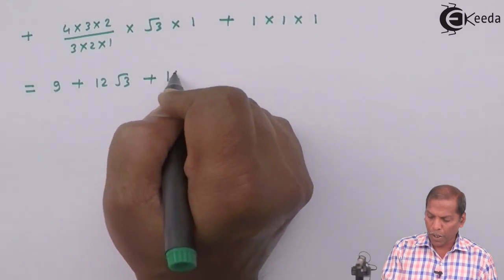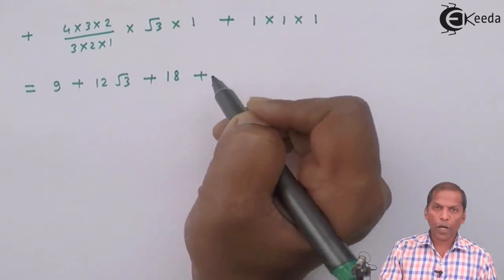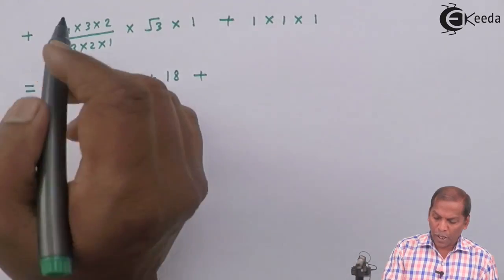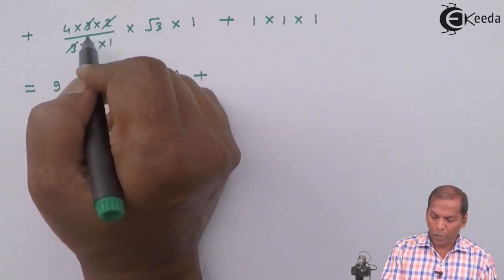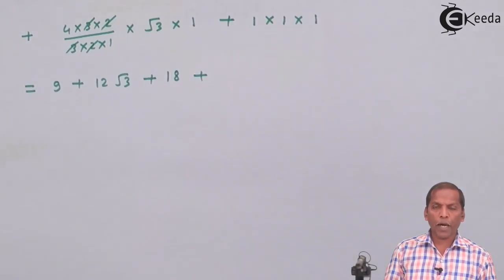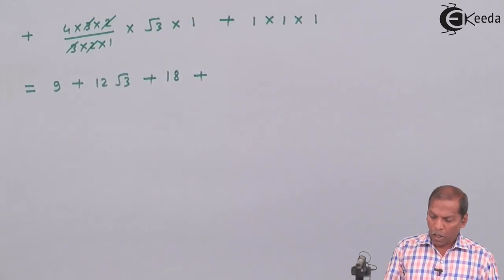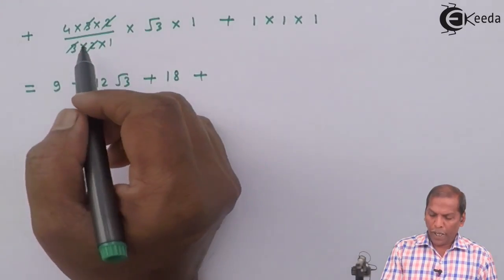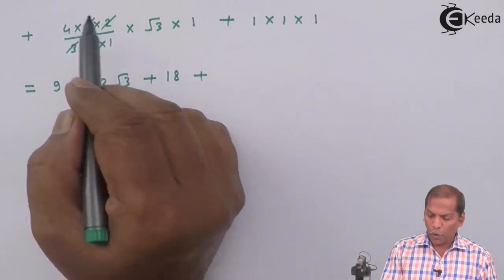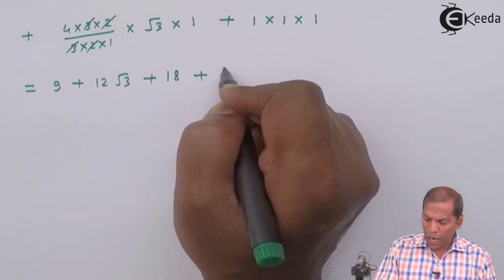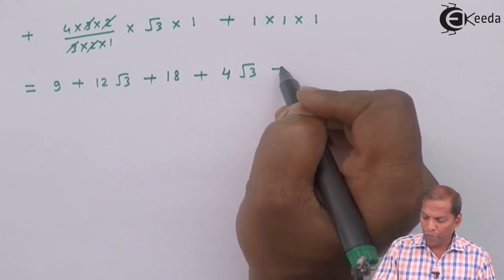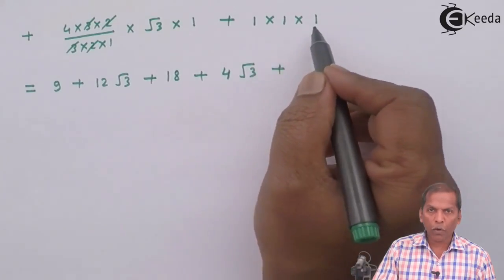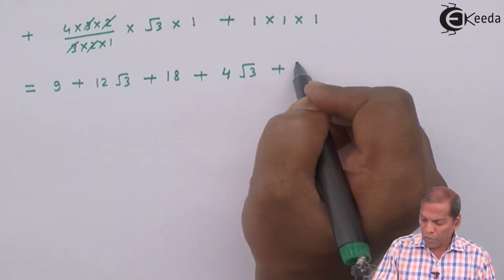So in this way we get plus 18 plus. Now here we cancel 3 from numerator and denominator, and the same 2 from numerator and denominator. So the remaining term is 4 into root 3 into 1, so that gives us 4 root 3. And finally plus 1 into 1 into 1, so we get 1.